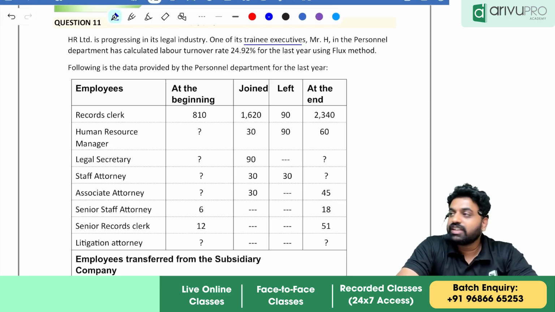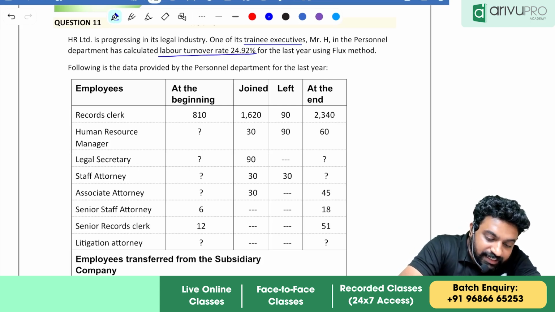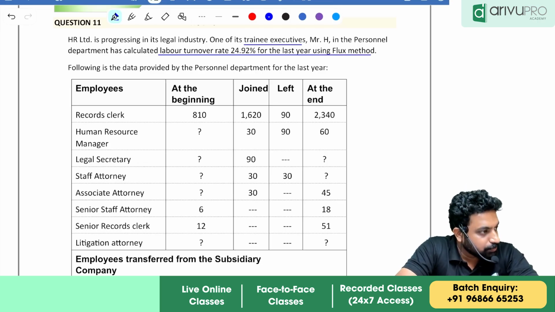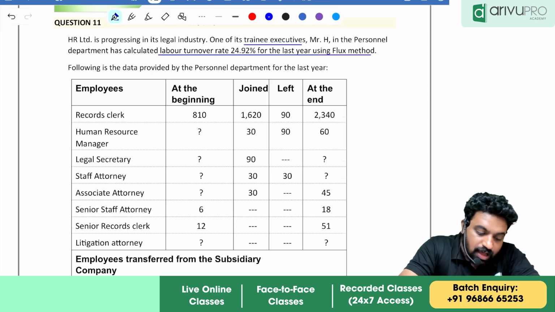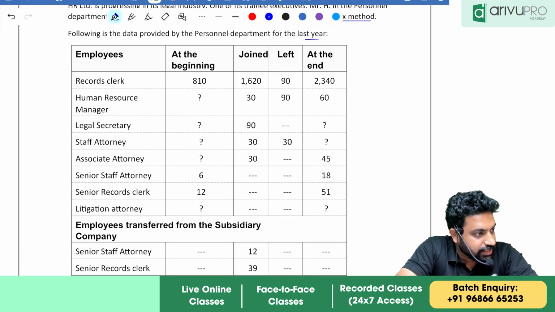Mr. H in the personnel department has calculated the labor turnover rate as 24.92% for the last year using the Flux method. Following is the data provided by the personnel department for the last year.